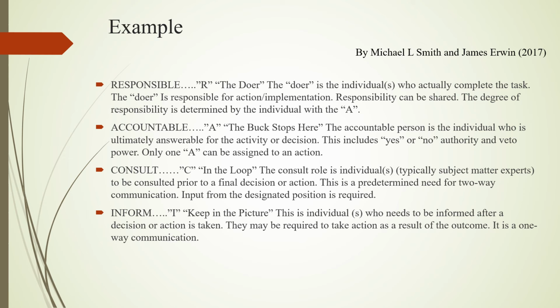The degree of responsibility is determined by the individual with A. Accountable stands for A. The accountable person is the individual who is ultimately answerable for the activities or decision. These include yes or no authority and vote power. Only one A can be assigned to an action.